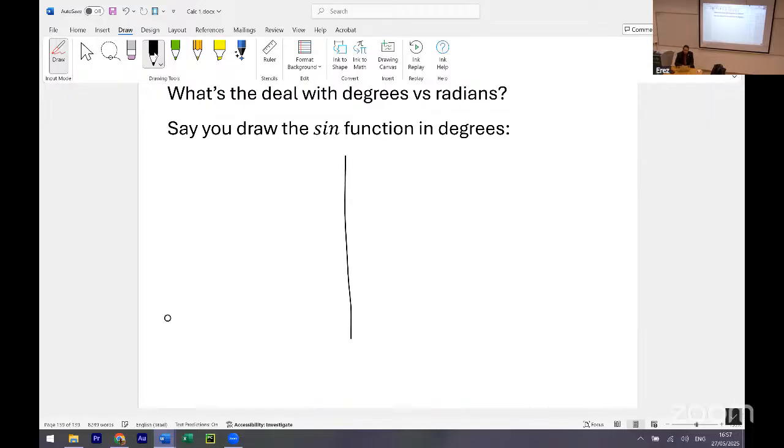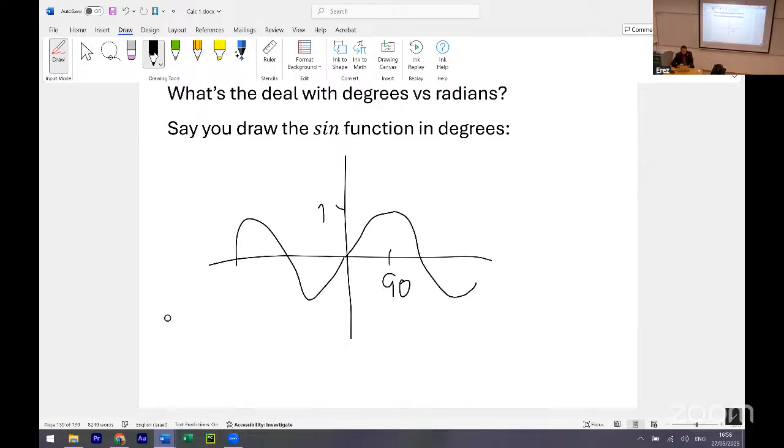So this is the sine function, and this is 90 degrees, and that's where the sine function gets to its top. That's 1, and it continues in both directions.